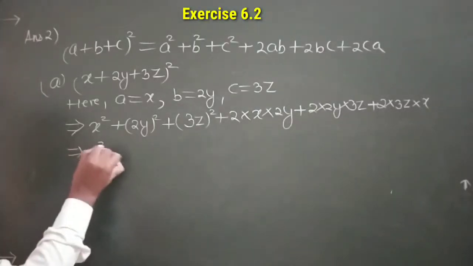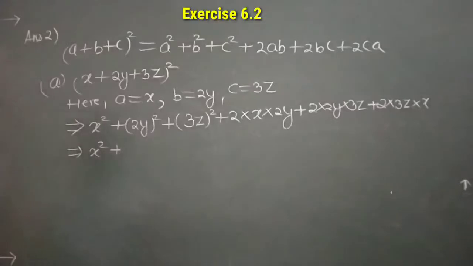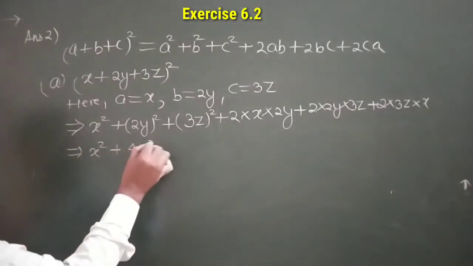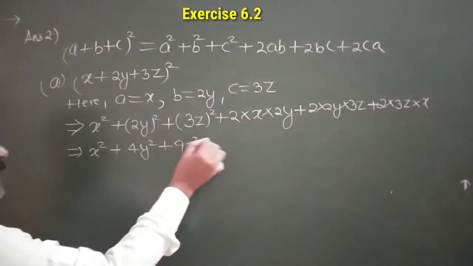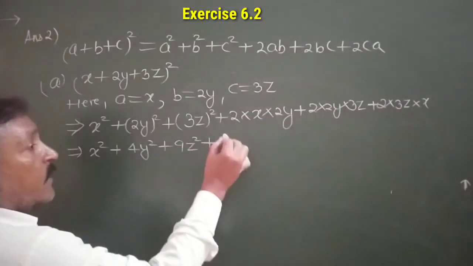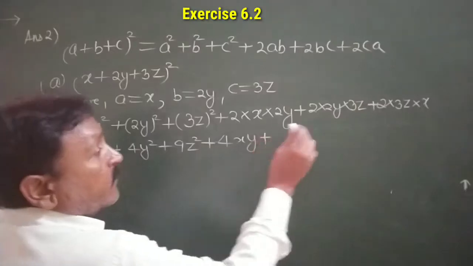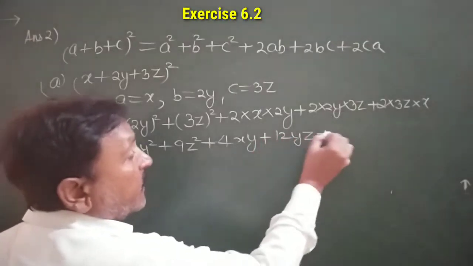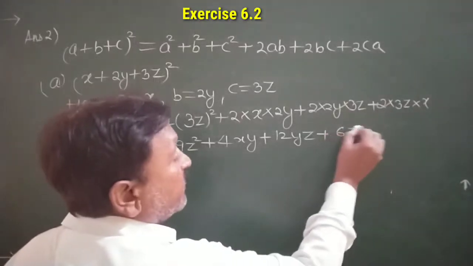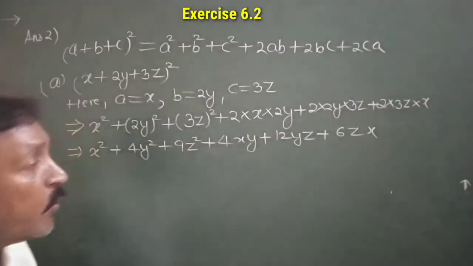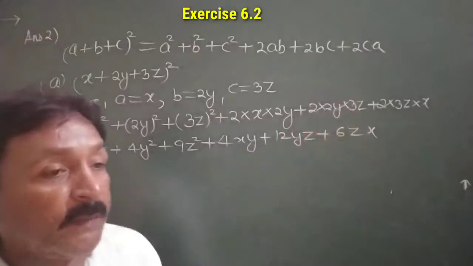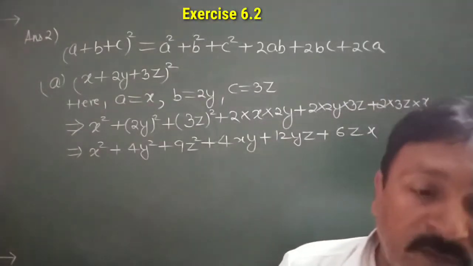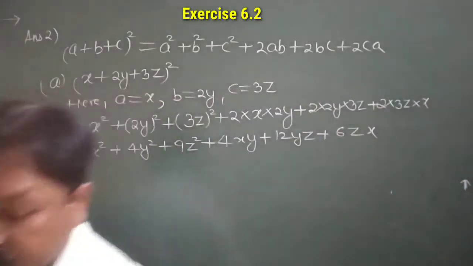It is x square. When the bracket opens, the square will be done of 2 also and y also. It will become 4y square plus 9z square plus 2 fours are 4xy plus 2 sixes are 12yz plus 2 threes are 6zx. This thing we all know, that numbers get multiplied with numbers and alphabets get multiplied with alphabets. So note it.